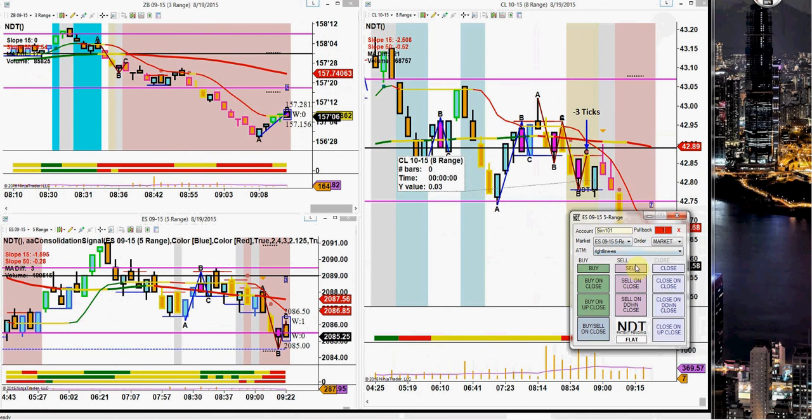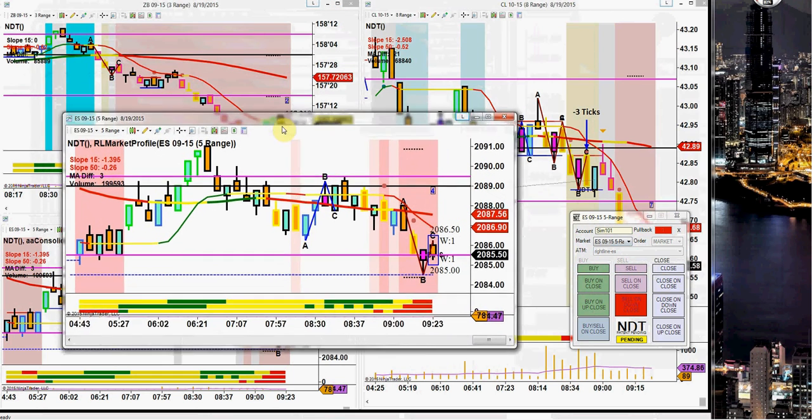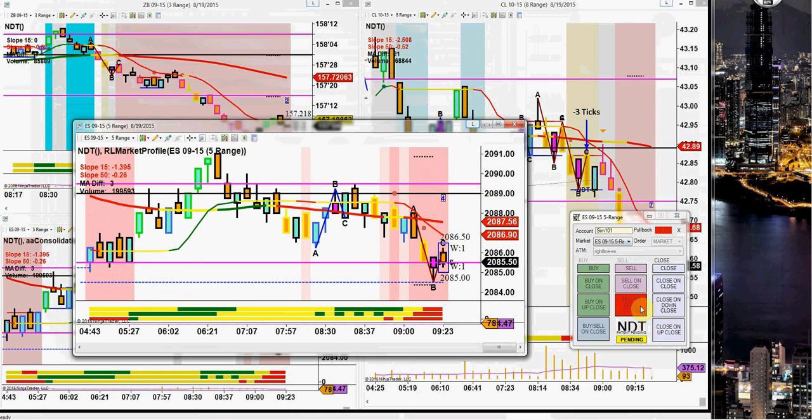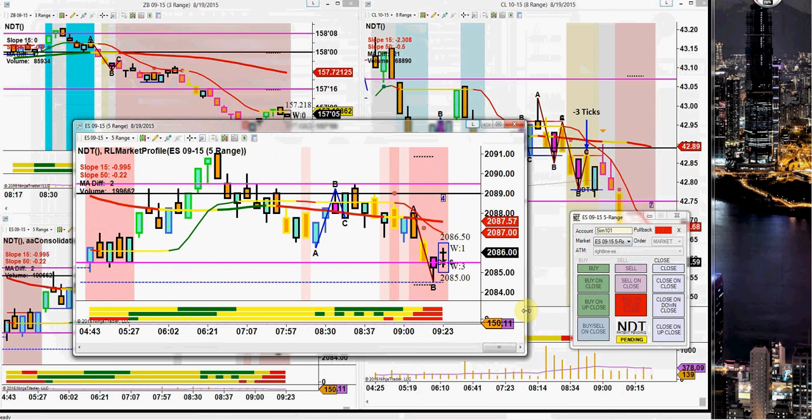Alright guys, we're going to sell a down close on the ES. Sell on down close, I press that button. So let's see if this actually works for us. If not, it should automatically cancel it.